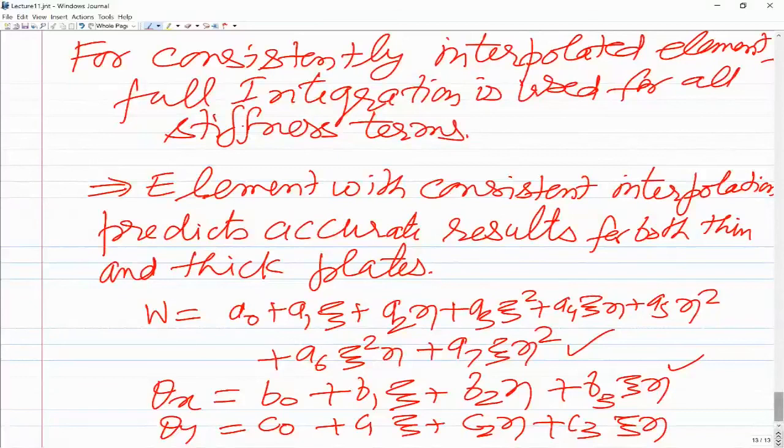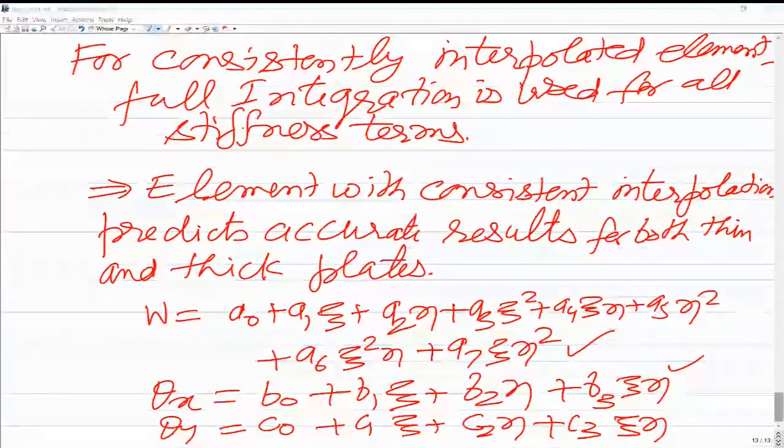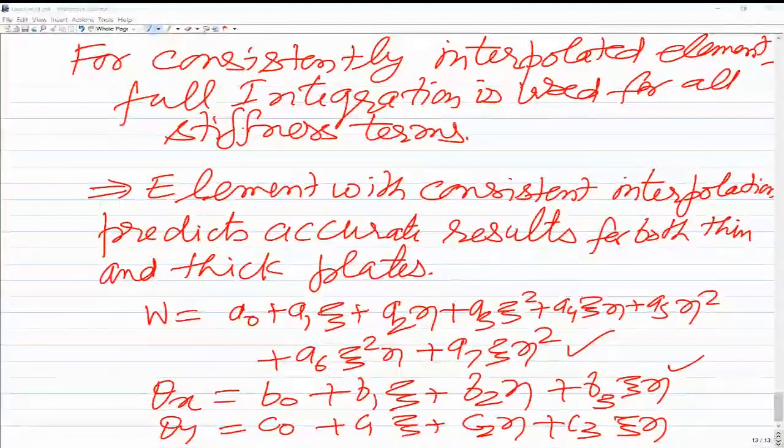Hello, sir. As you've told the two methods, which method is more suitable for thin and thick plates? How can we judge which method is more suitable? Is it related to computational efficiency? Actually, if you look at reduced integration, it is straightforward.